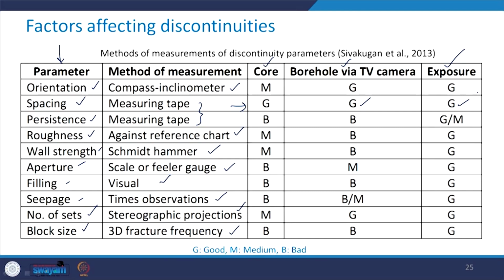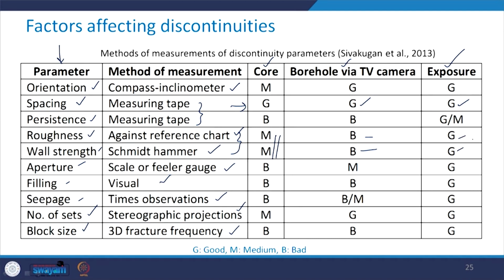However, you can see in this matrix that for, let us say, roughness and wall strength, if you do it using the core data, it is a medium kind of accuracy that you will get. If you use borehole via TV camera, it is bad quality, but if you take the observation from the exposed surface, then it is good.